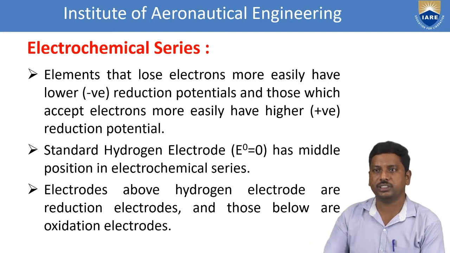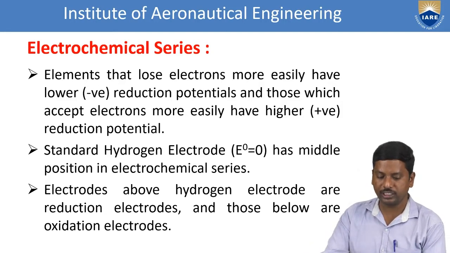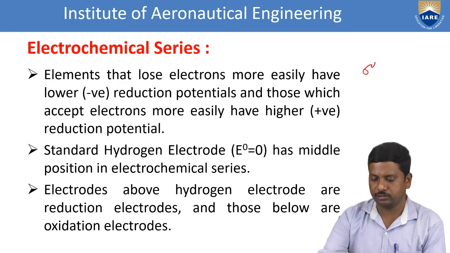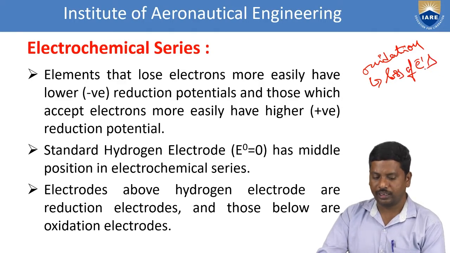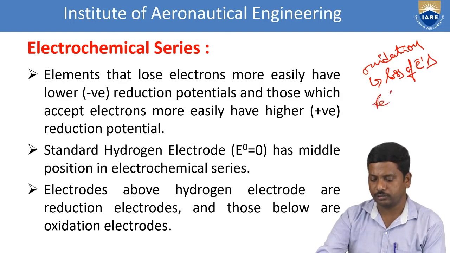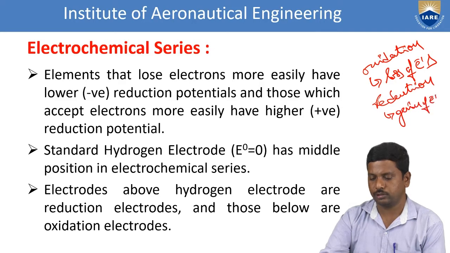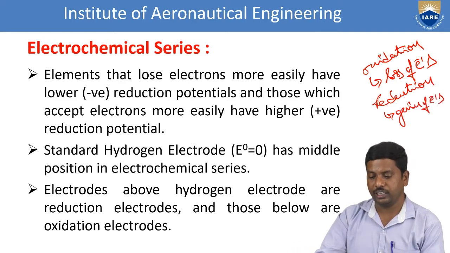The elements which lose electrons more easily undergo oxidation. Oxidation means loss of electrons, and due to the loss of electrons the element gets a positive charge. Reduction means gain of electrons, and because of the gain of electrons the element gets a negative charge.